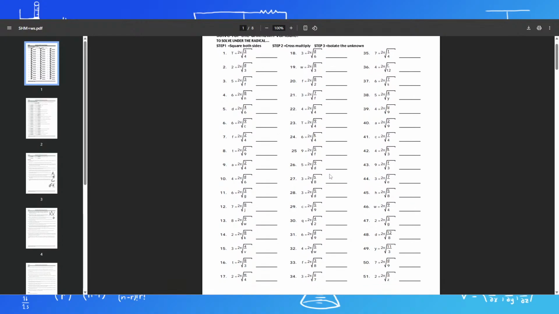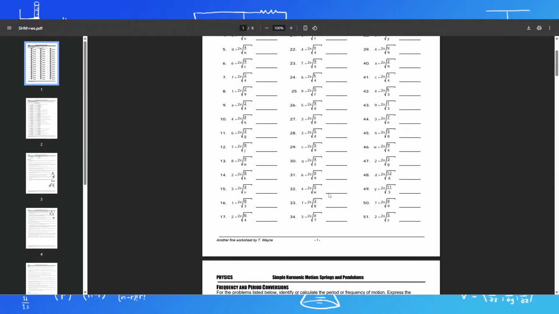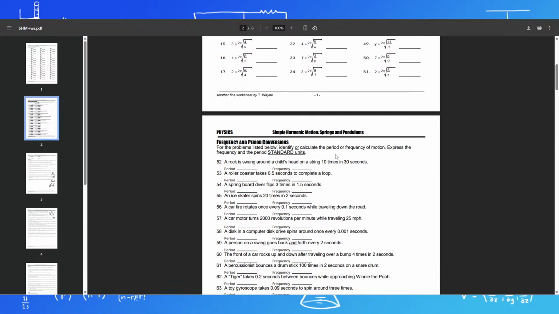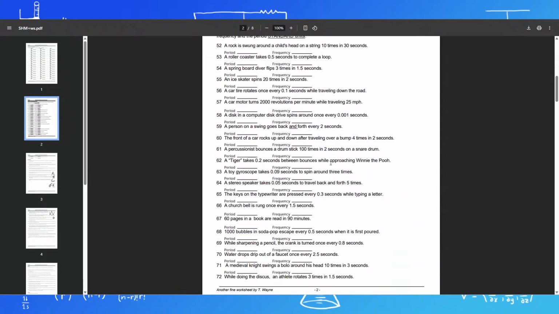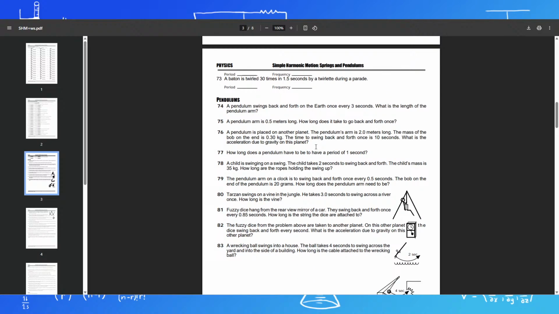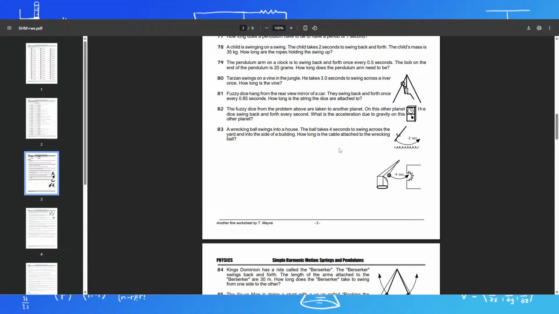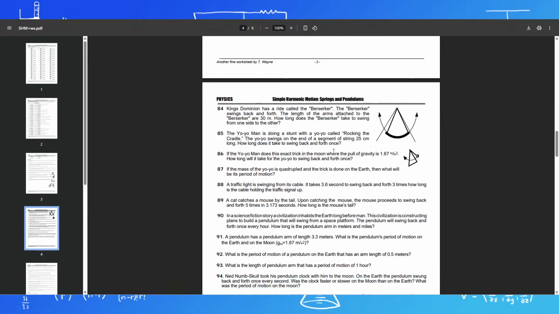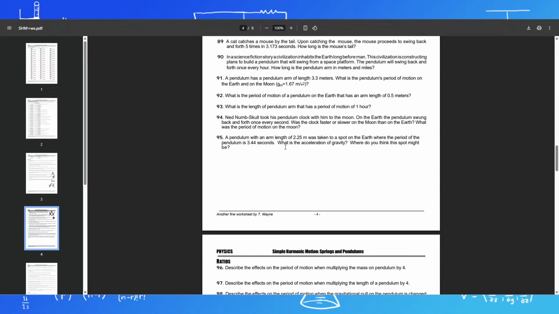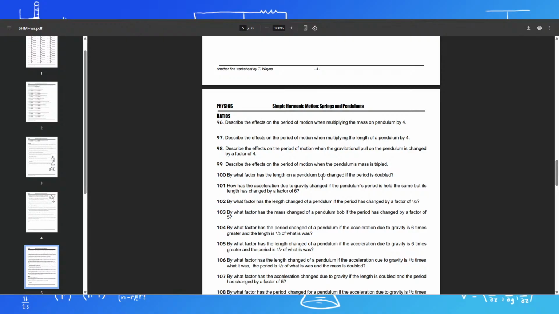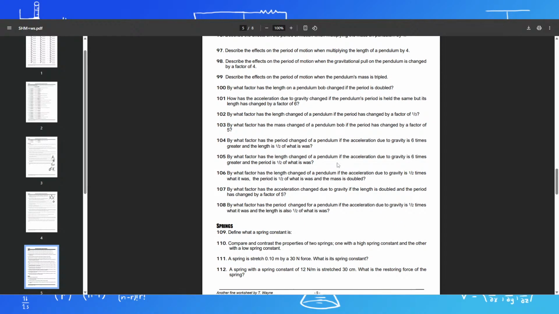The exercises aren't particularly hard, but what I like about this worksheet, and it's not mine by the way, I just found it online one time through a random Google search. Ignore the fact that it's talking about concepts we haven't discussed yet, but what I like about it is that it gives you a lot of repetition.